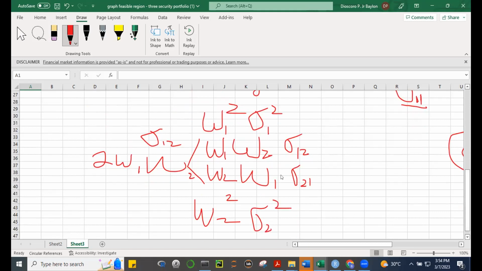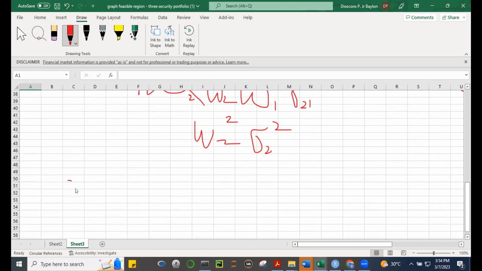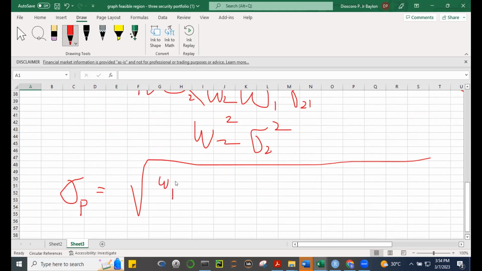All right, so the risk, okay, the standard deviation. Let me write down the risk of the portfolio. The risk of the portfolio now is equal to, I'm now putting here the square root of W1 squared sigma 1 squared, that's the variance of 1, plus W2 squared variance of 2, plus 2 W1 W2 covariance 1, 2.